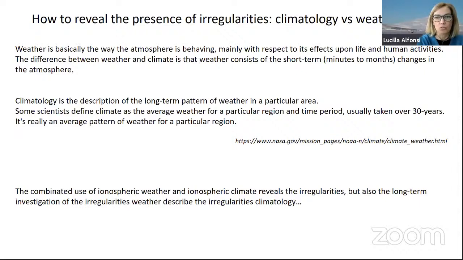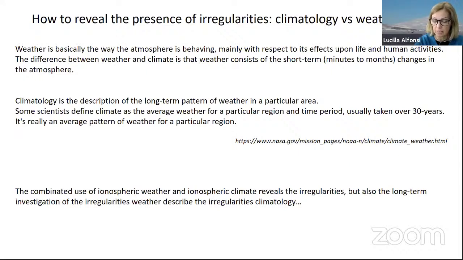So by long-term we mean years or also tens of years, with respect to the weather, so the short-term variation in the upper atmosphere.